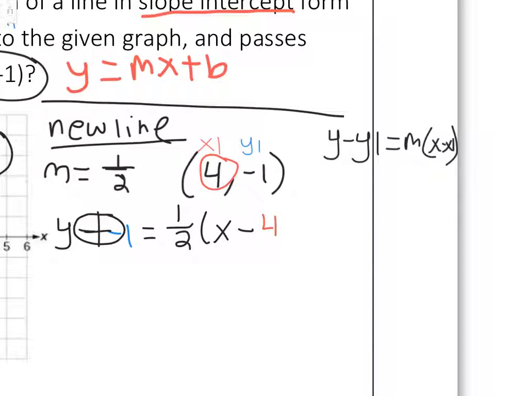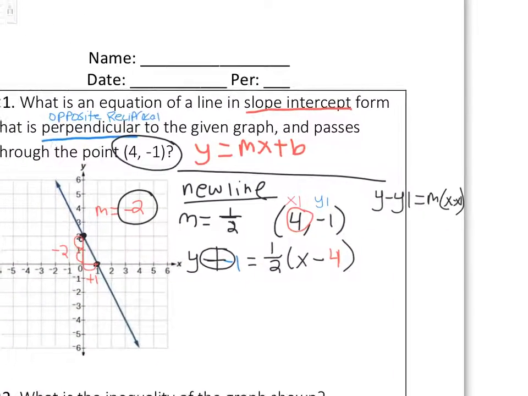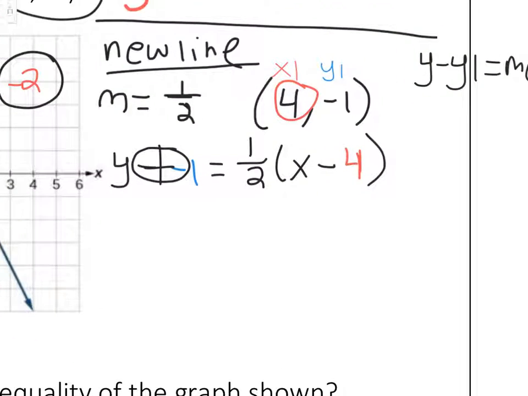That one is not negative, so we are just subtracting a +4, which turns into a minus sign. Now we have an equation, but the question asks for an equation in slope-intercept form, so we have to change this equation into slope-intercept.